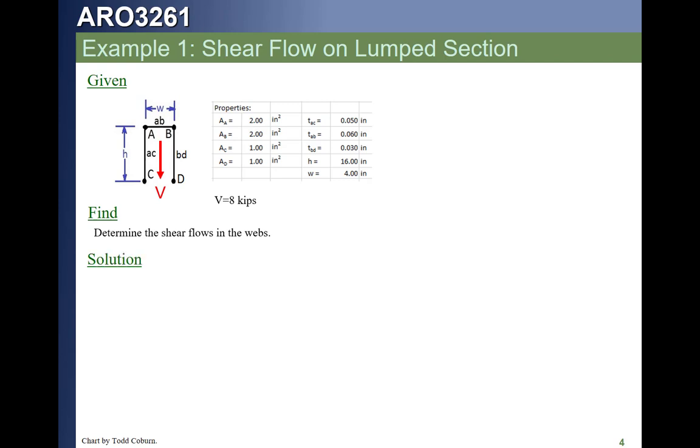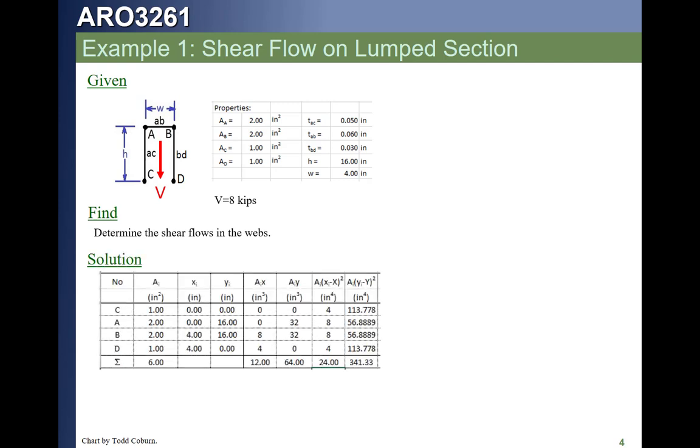We're going to start by creating properties of our section. We construct our table, put in all of the areas, put in the X and the Y positions from a reference axis. This is assuming, as usual, we're going to pick a lower corner, and we'll call that X. We'll call this Y. Therefore, our X and our Y position.